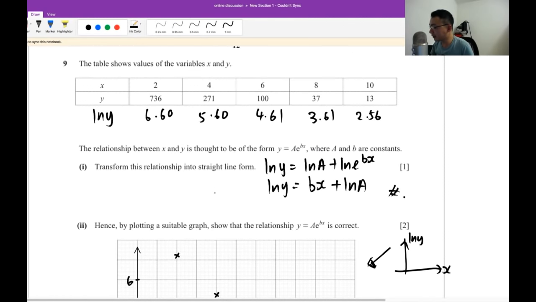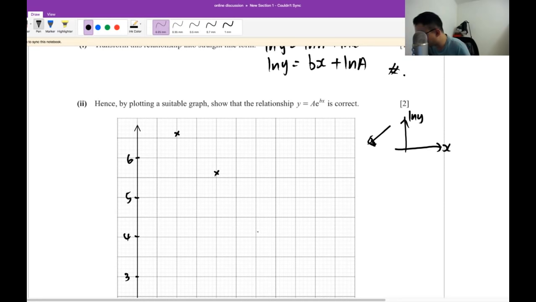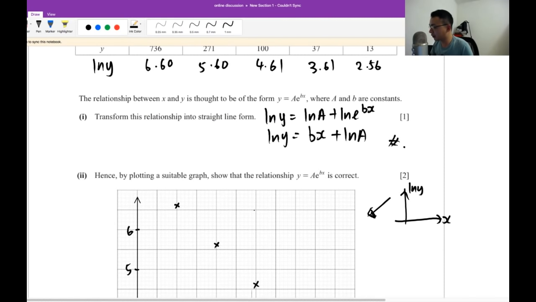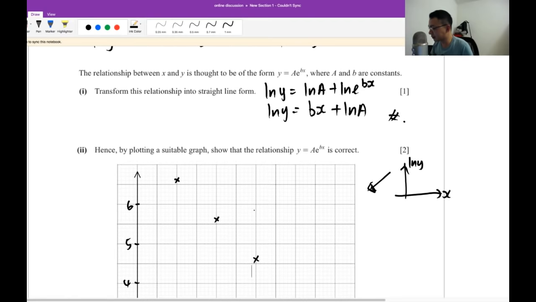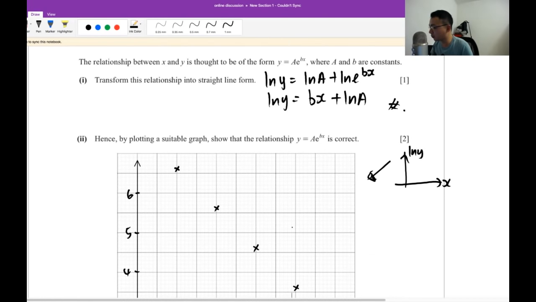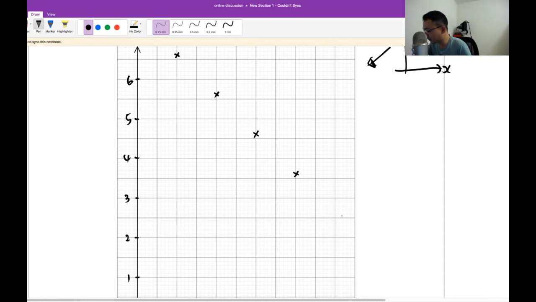Next, at 6 you will get 4.61. And then you will get 3.6. And the last one you'll get 2.56.